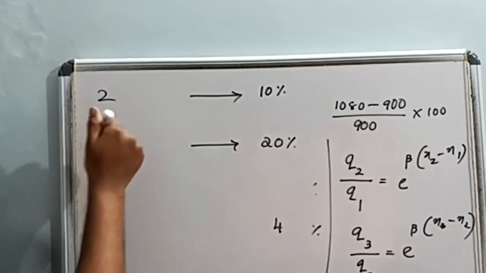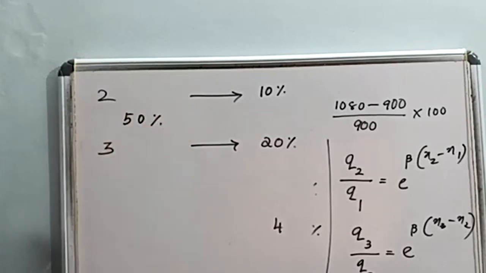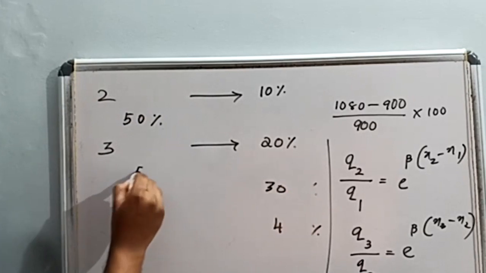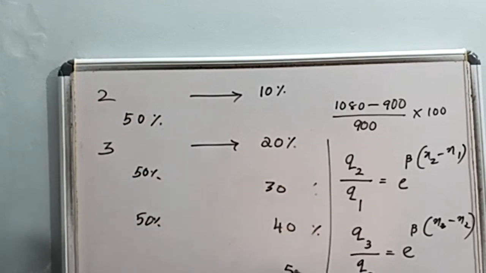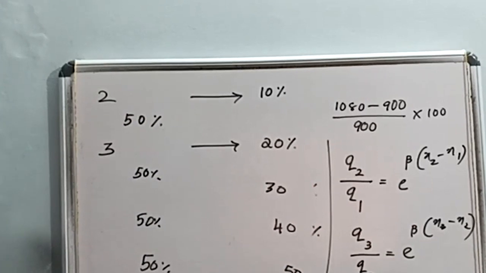So they're asking 50%, right? So between 2 and 3, it is a 50% increase. So 30 multiplied by 1.5, 40 multiplied by 1.5, 50 multiplied by 1.5. Or use this equation, right? So any way you can solve.